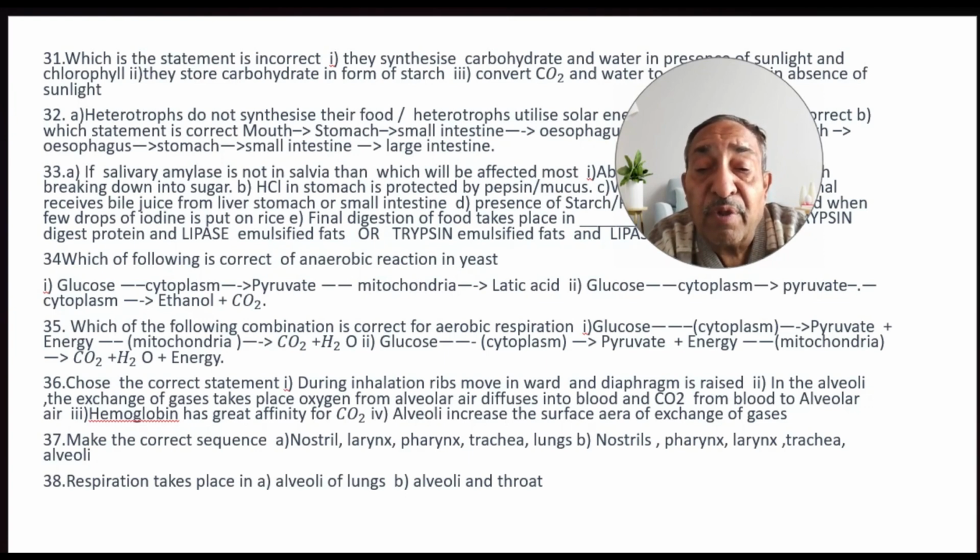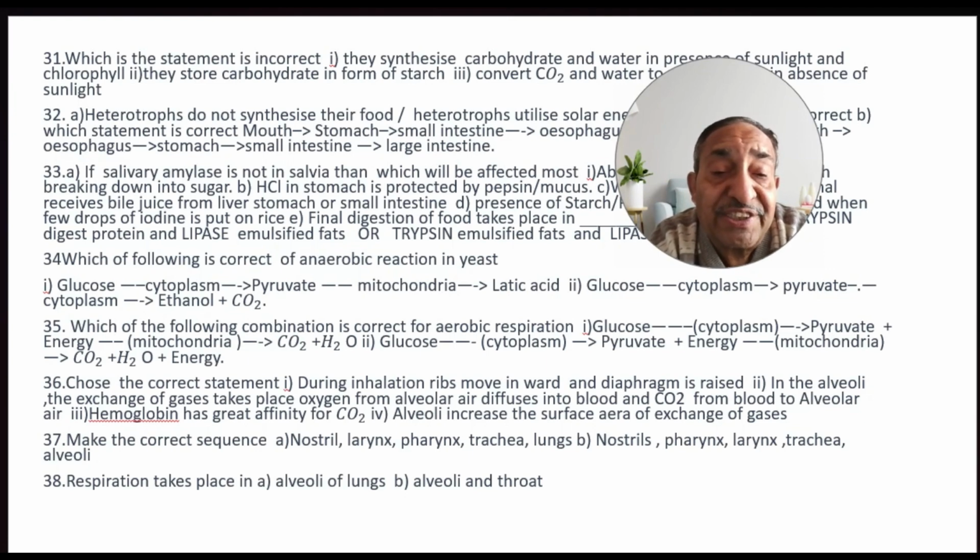Oxygen from alveolar air diffuses into blood, and carbon dioxide from blood to alveolar air. Third, hemoglobin has great affinity for carbon dioxide. Next, alveoli increases the surface area of exchange of gases.